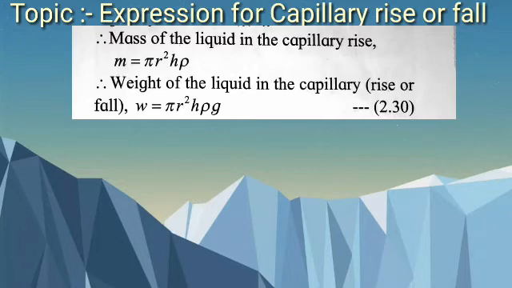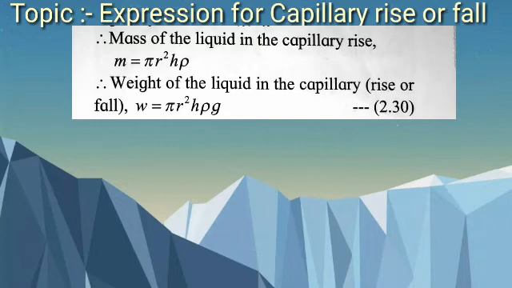Therefore, the weight of the liquid column in the capillary tube is equal to mass into acceleration due to gravity. Therefore, m is equal to pi r square h rho. Then the weight becomes W is equal to pi r square h rho g. This weight is the gravitational force, which acts in the vertical downward direction.